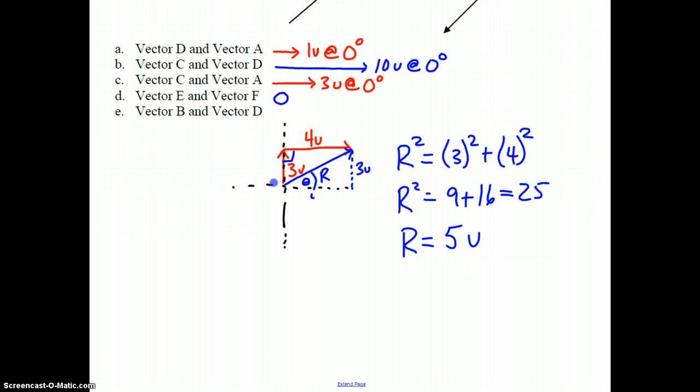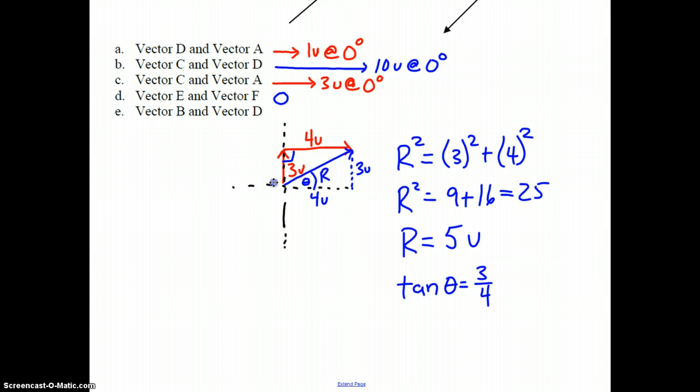The x-axis itself is the same as the 4-unit vector. What trig function relates the angle we're trying to find, the given 3 units, and the given 4 units? Well, the 3 units are opposite the angle. The 4 units are adjacent to the angle. And so that sounds to me like we would use tangent. So tan of theta is 3 over 4, opposite over adjacent.